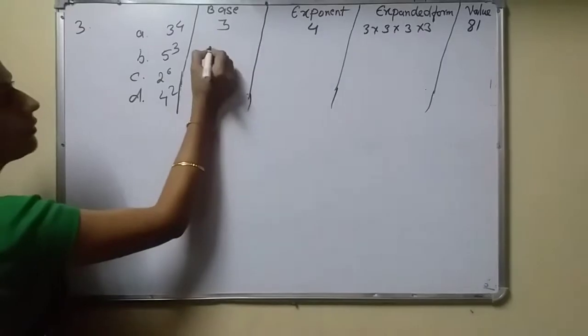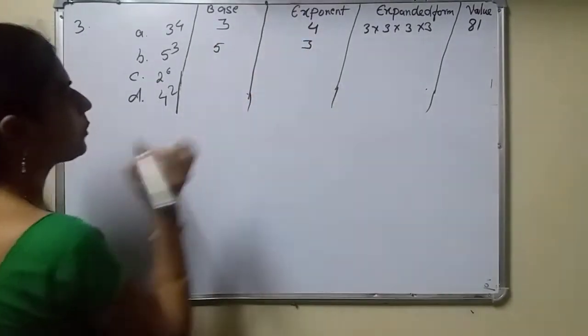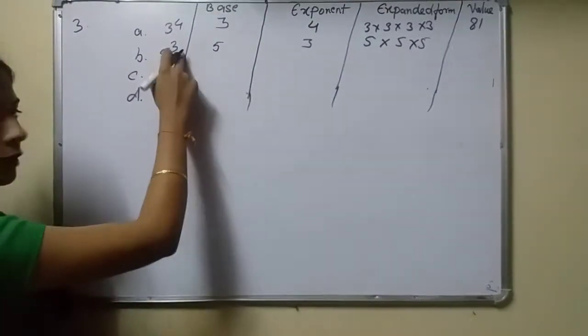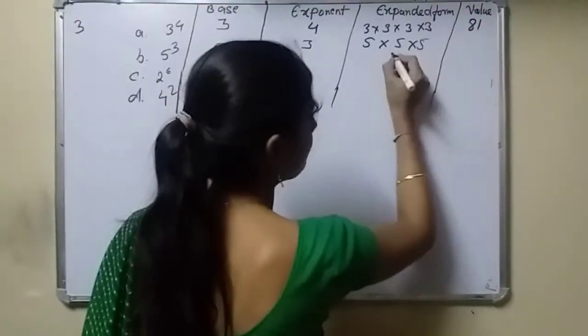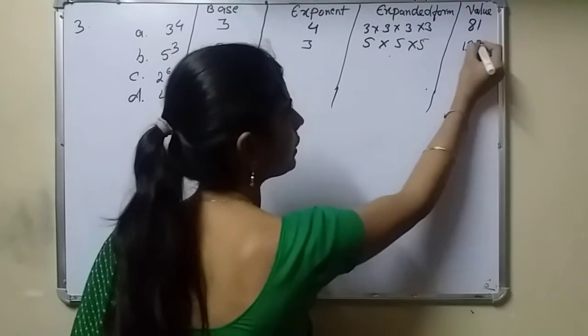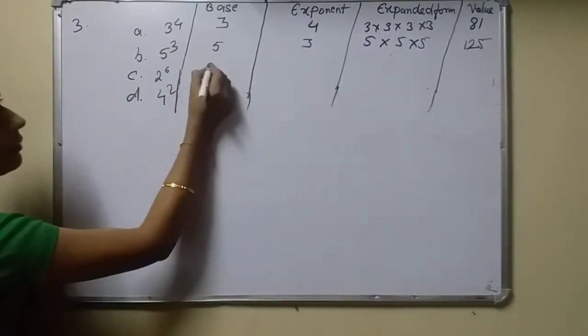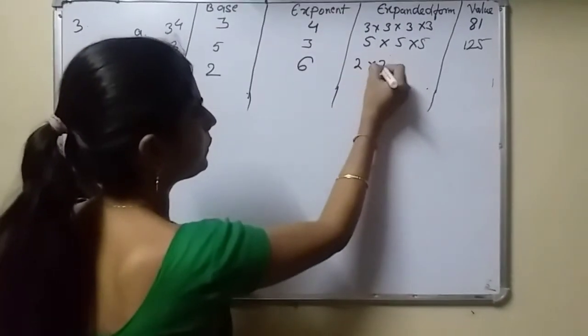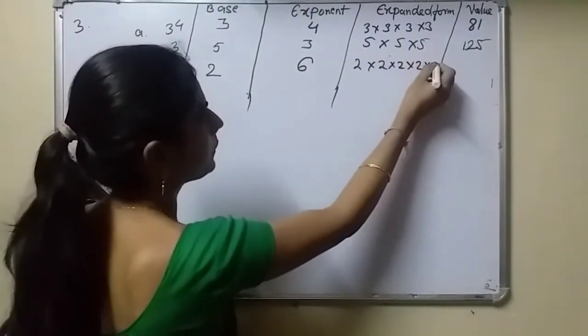Now see 5: base 5, exponent 3, 5 into 5 into 5 because 5 to the power 3 is given here. So 5 5s are 25, 25 5s are 125. Base is 2, exponent is 6, 2 into 2 into 2 into 2 into 2 into 2.